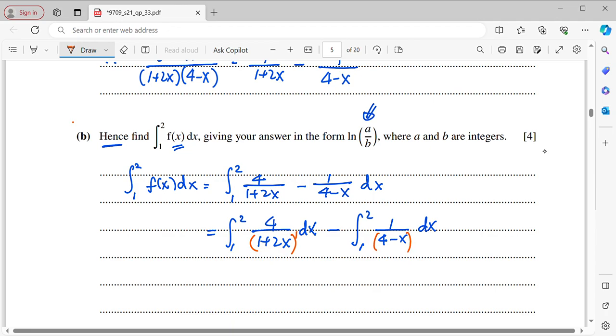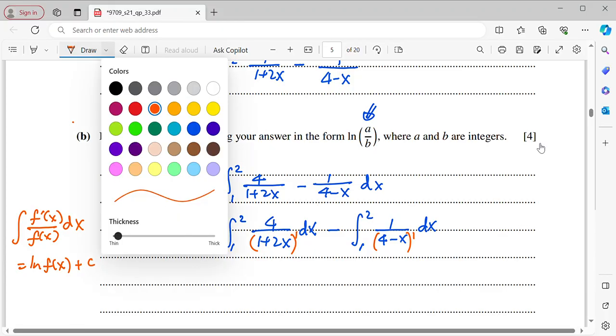Here 4 minus x also with degree 1. So whenever it is degree 1 in the denominator, then you may use the ln formula, which means you integrate f prime x over f(x) dx, it will be ln f(x) plus c.